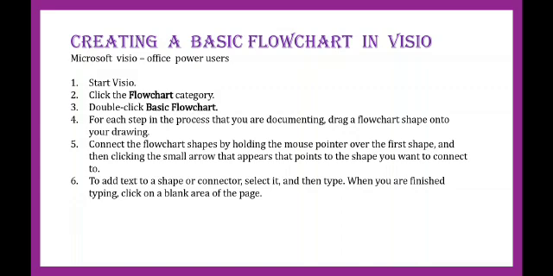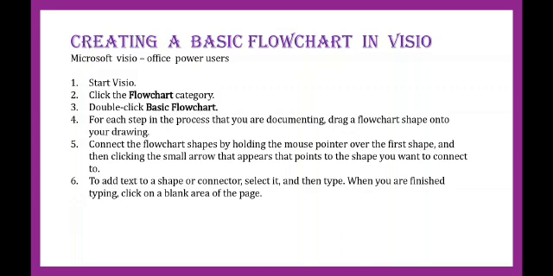And then connect the flowchart shapes by holding your mouse pointer over the first shape. Then click the small arrow that appears there, and that points to the shape you want to connect. And if the second shape is not directly across from the first shape, then click and hold the small arrow and drag it into the second shape and drop the connector in the middle of the second shape, so that you will get the arrow in it.